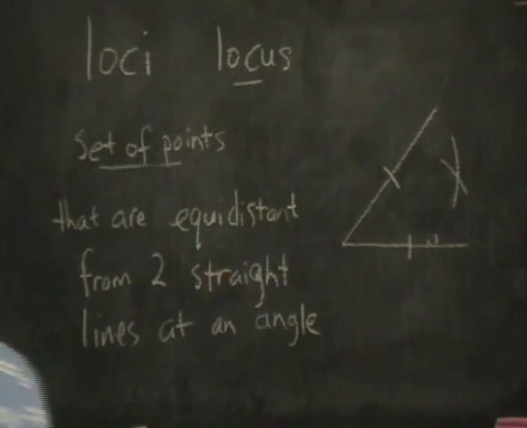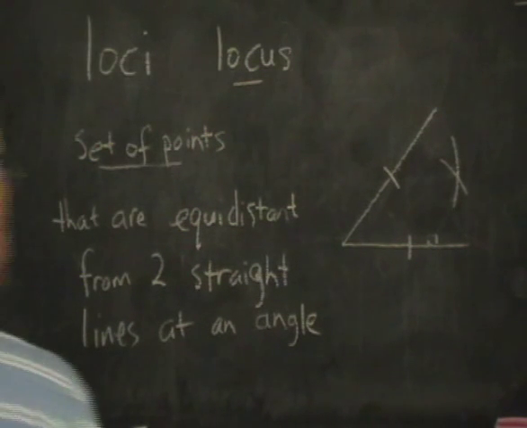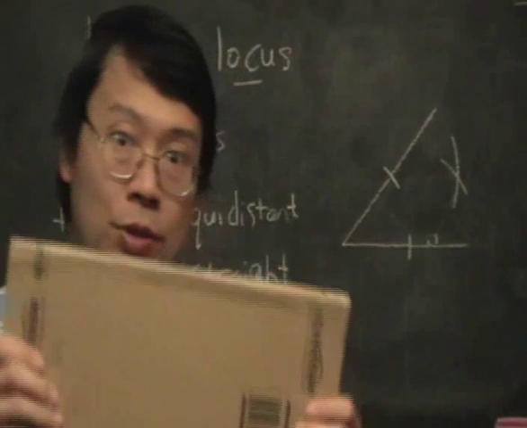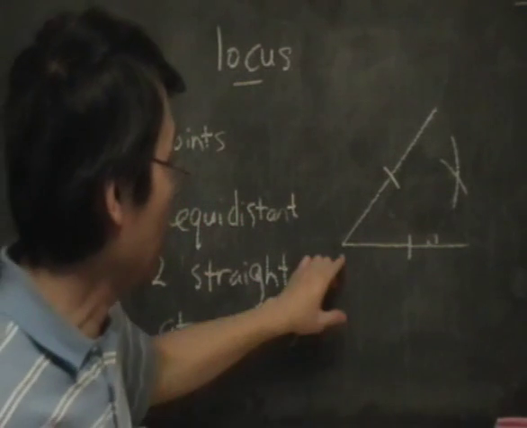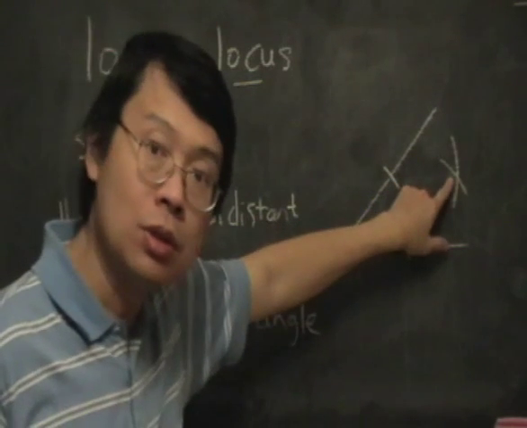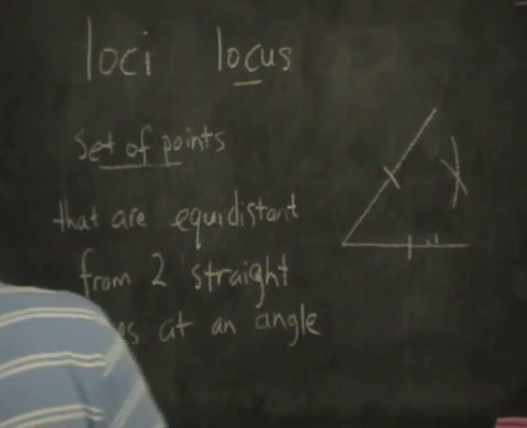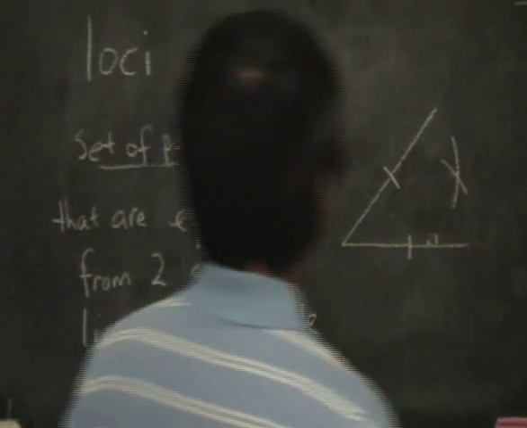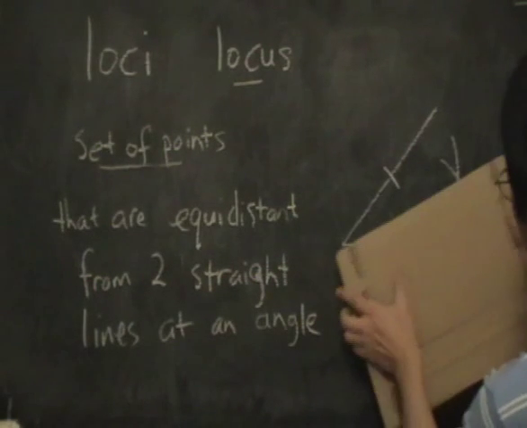All we need to do now is to take out our straight edge and draw a line from the corner of the angle to the new point over there. Okay.